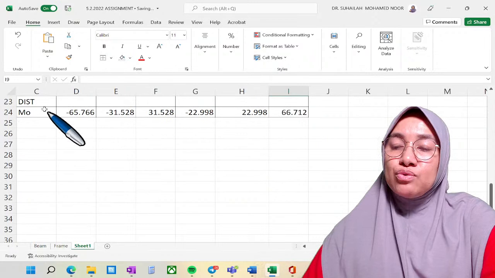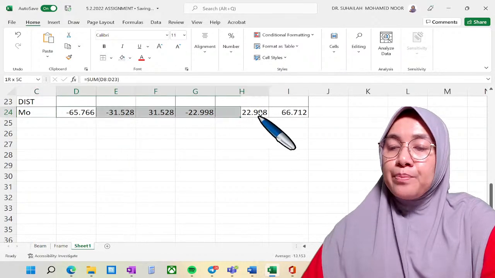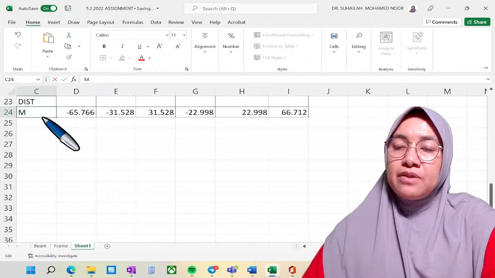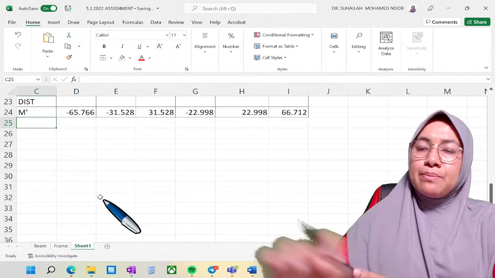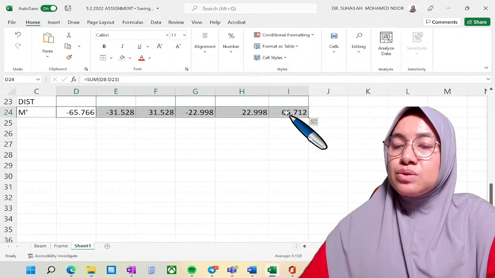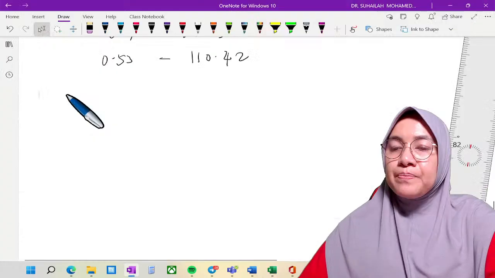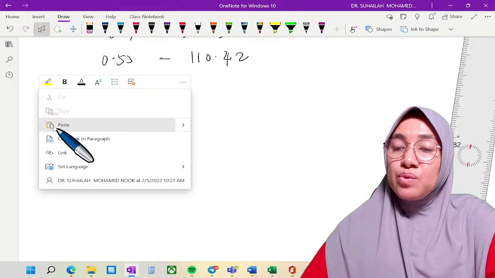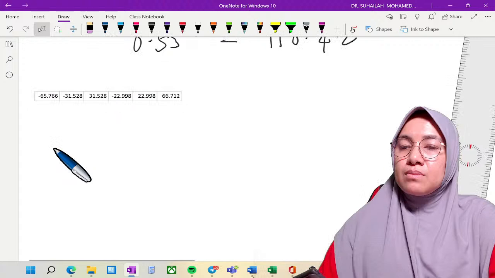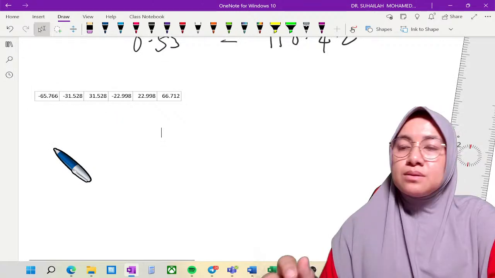And then what we need to do after this is, let's say this is M prime, for table number 2. So we use this value to continue to use static equilibrium to identify the R prime value. So the frame is like this, and R prime is this.